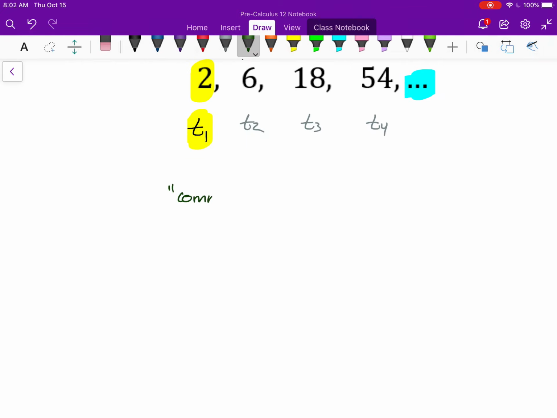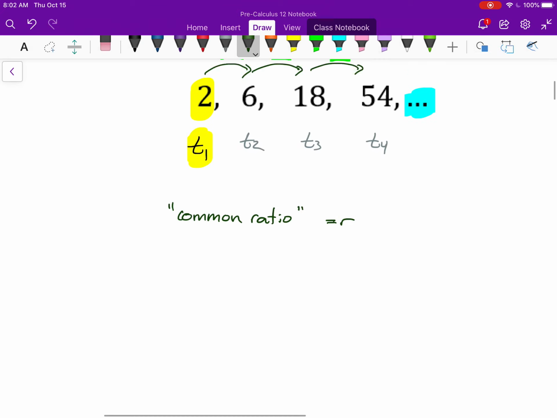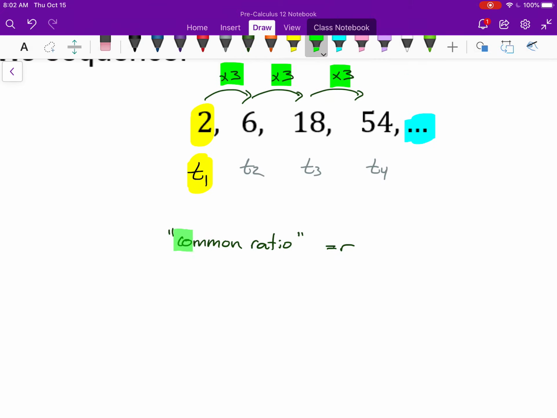So the common ratio, which we usually just denote with the variable r, is the value you are multiplying by each time. Keep in mind, if you're multiplying by a number between 0 and 1, your values will get smaller every time, right? If you're multiplying by a half, it looks like you're dividing by 2 every time, because multiplying by a half is equivalent to dividing by 2.